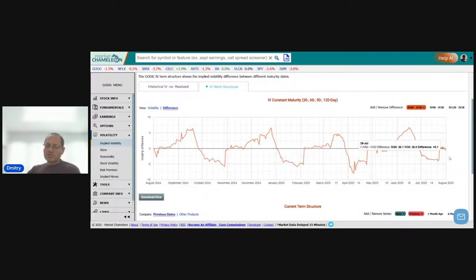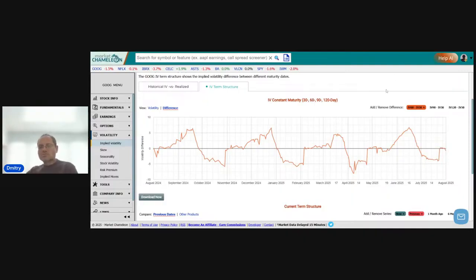So you can see that it fluctuates around zero too. That means the term structure is moving around. Sometimes the shorter dated options are lower than the longer term. Sometimes they're higher. So this shows us where we are now and where we were historically and how far apart they got, right? How far the distances got.